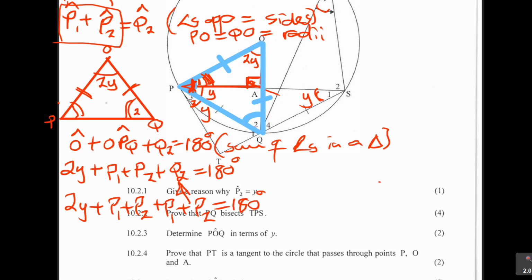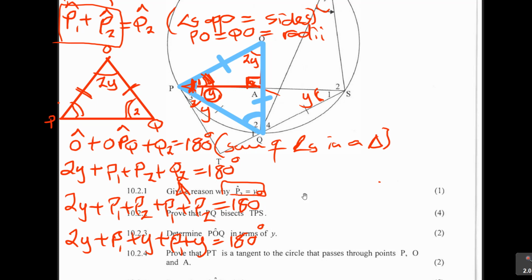See what I'm doing? But now we come back, we know what P2 is. Remember, even the question said prove that P2 is equal to y. So I come here and say 2y plus P1 plus P2, which is y, plus P1 plus P2, which is y, is equal to 180 degrees.